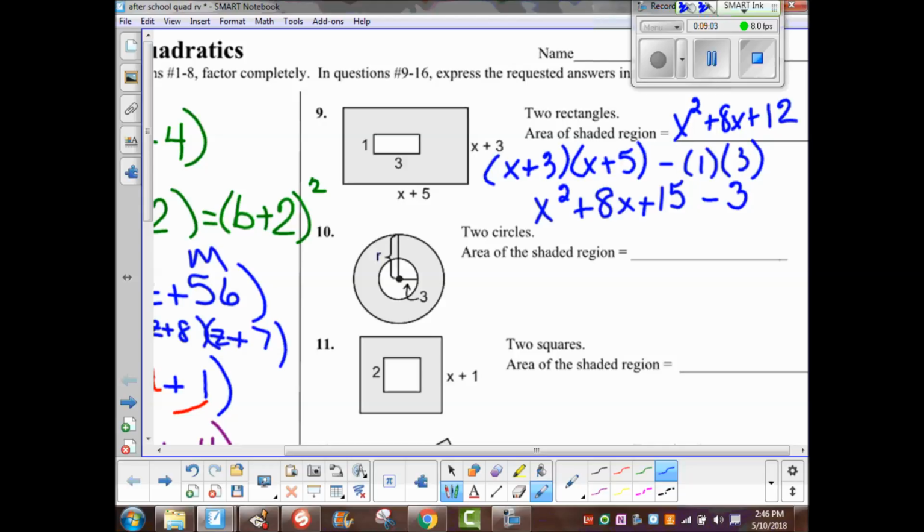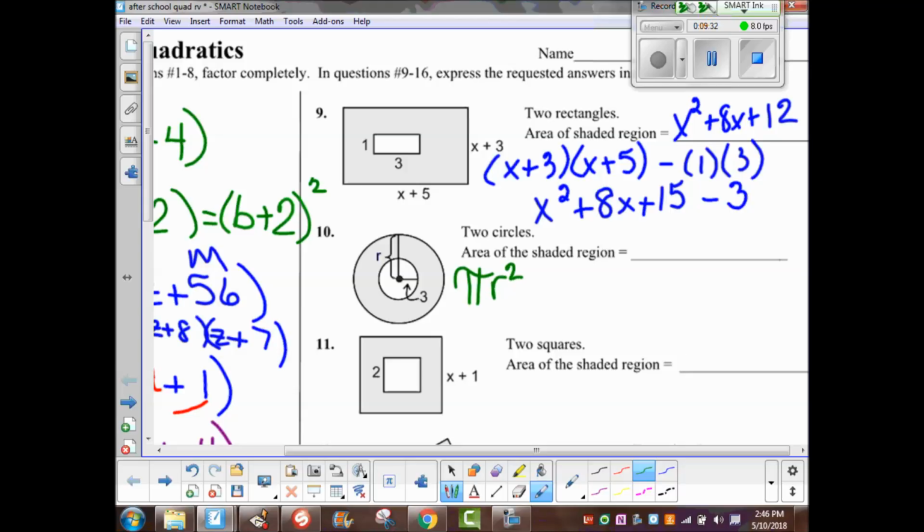All right, 2 circles. Same idea. Find the area of the big one, the area of the small one, and then subtract the 2. Who knows the area formula for a circle? Who remembers that? Okay. So the area of the big one, its radius is r. So the area of the large circle is just pi r squared.